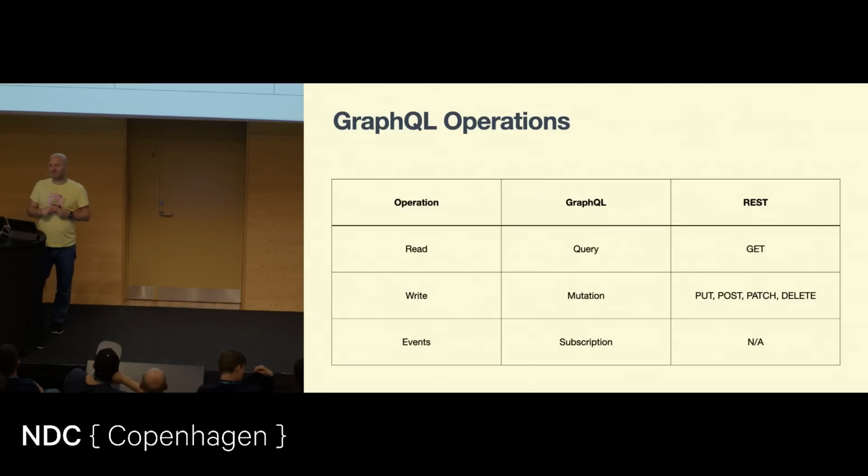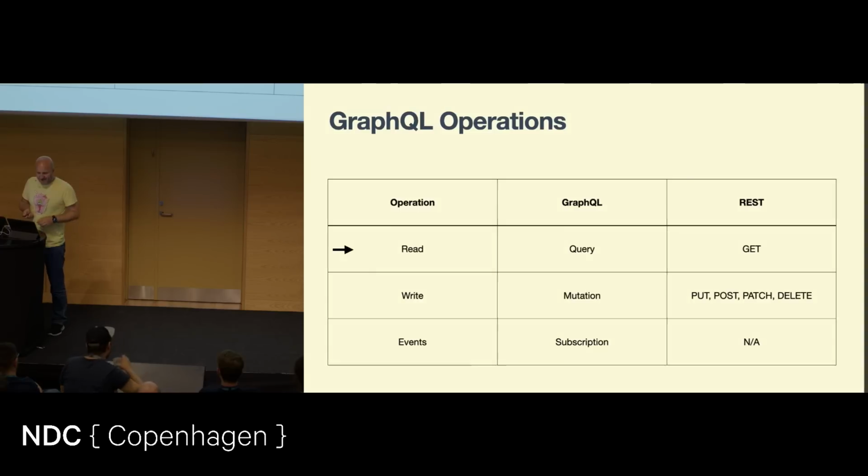And then we have something we call a mutation, that are our write operations. And if you compare that to REST, it's the put, post, patch, delete that we have to figure out which verb we actually have to use in REST. And subscription is our real-time capability to query the system in real time when something is happening, so the events in our system.